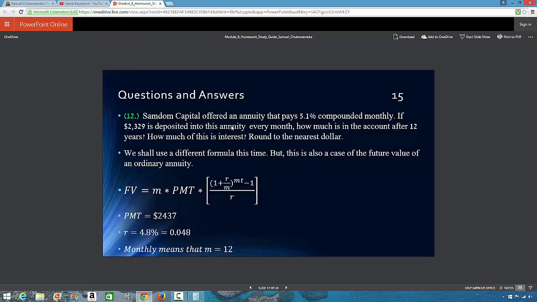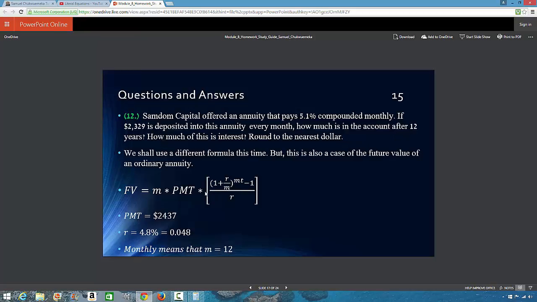Okay. Now, like I mentioned earlier in this video, you have several formulas, but which one do you have to use? In this case, they gave us the interest rate R, the number of compounding periods per year M, and also the time 12 years.